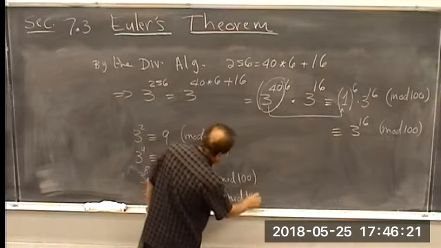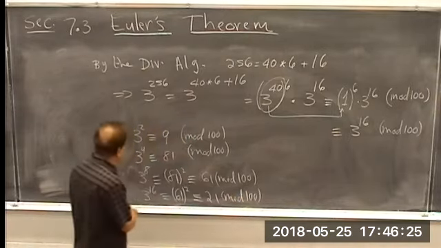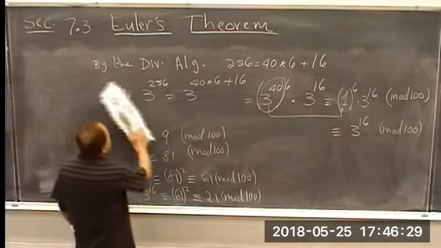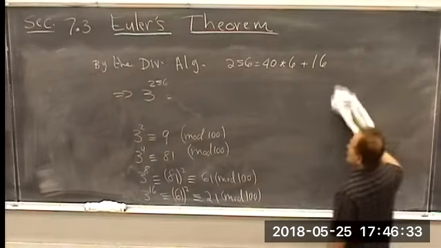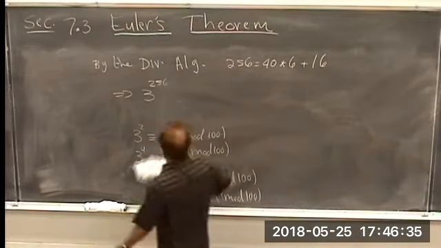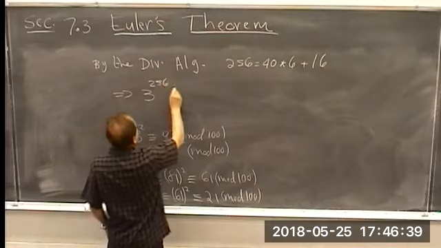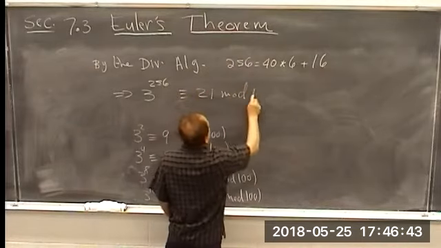Mod 100. All right, so in other words, this is what we conclude: that 3 to the power of 256 is congruent to 21 mod 100.